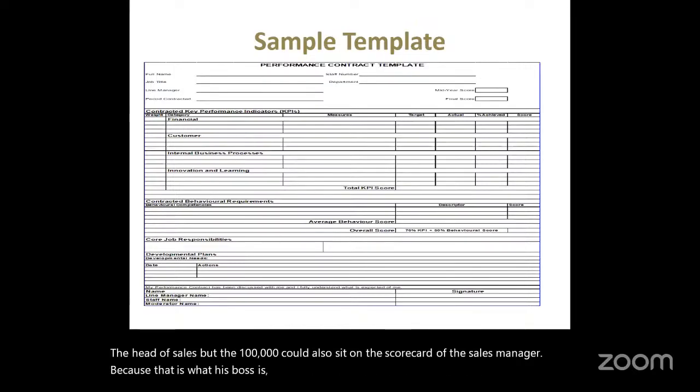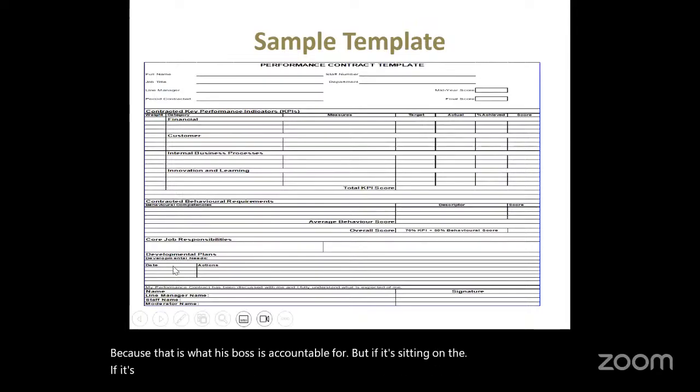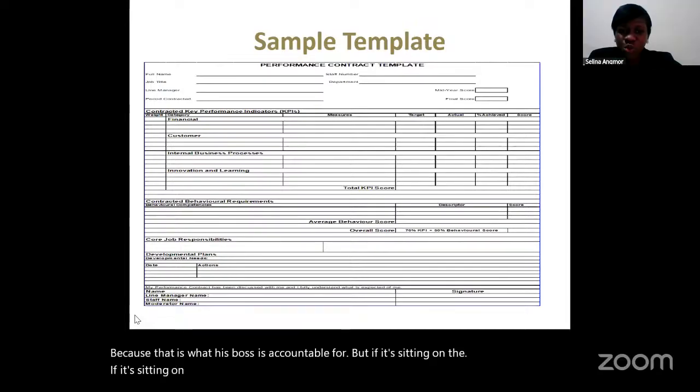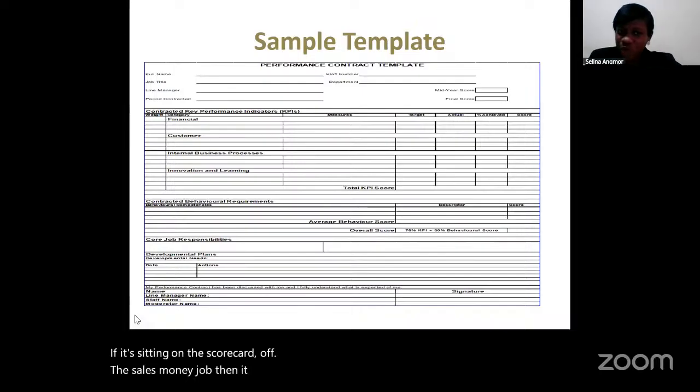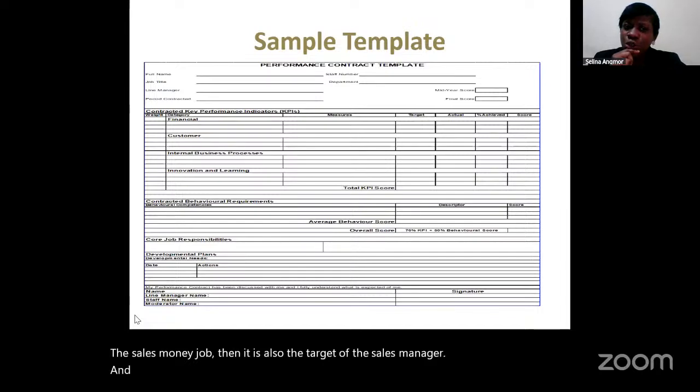But if it's sitting on the scorecard of the sales manager, then it is also the target of the sales manager. So if a target is not your target, there's no reason why it should sit on your scorecard.